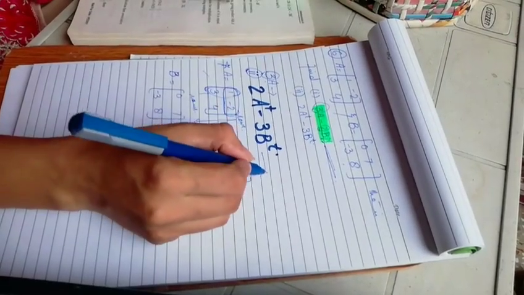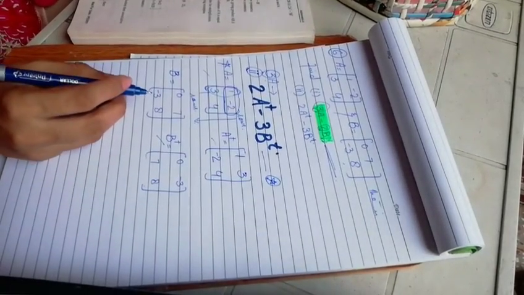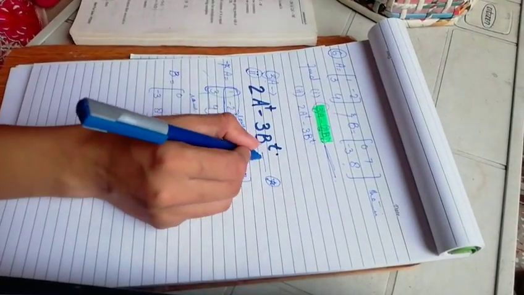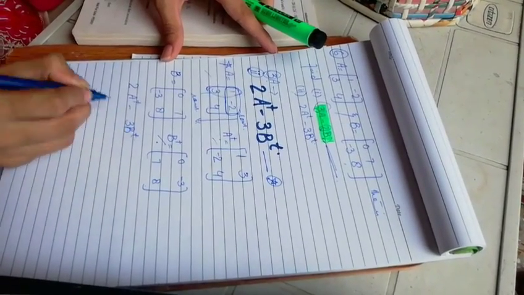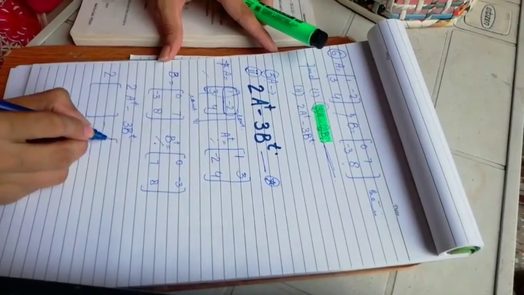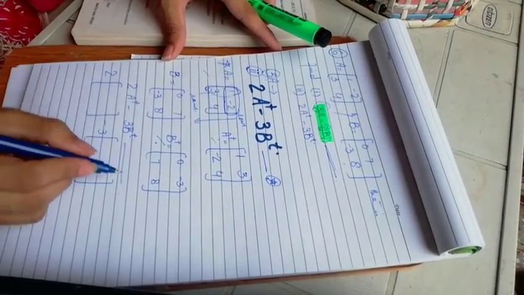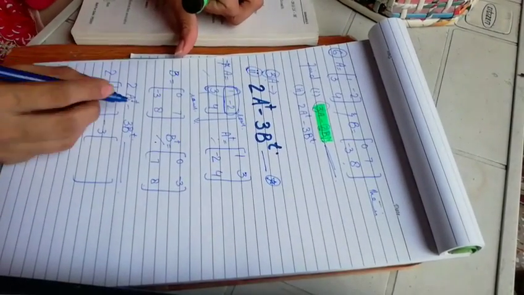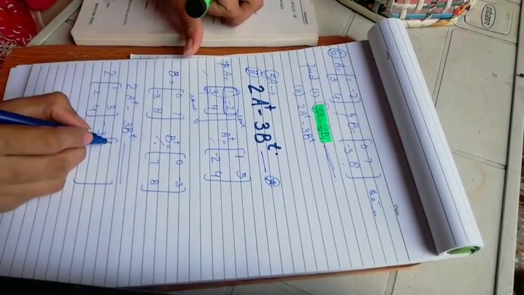Now we simply put the transpose of both matrices into the expression 2A transpose minus 3B transpose, like an equation: A transpose in place of A transpose and B transpose in place of B transpose.